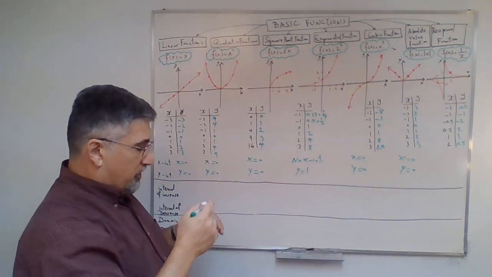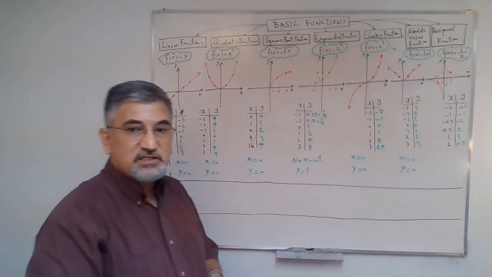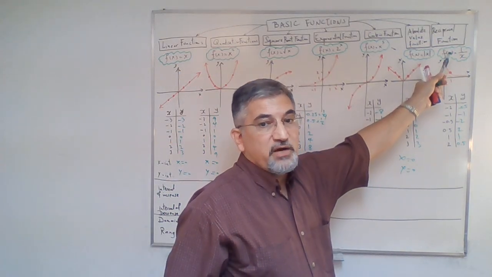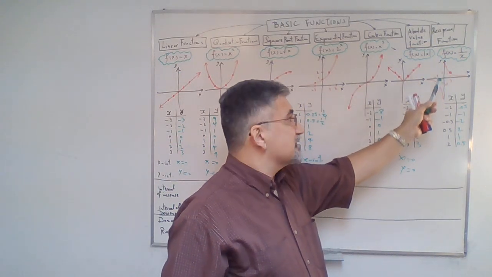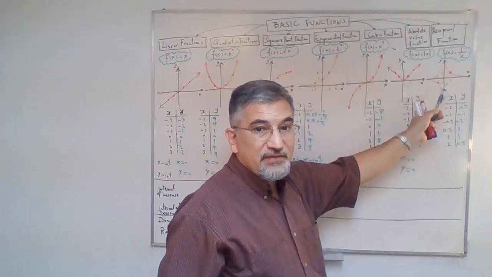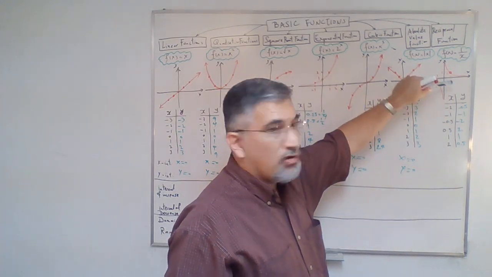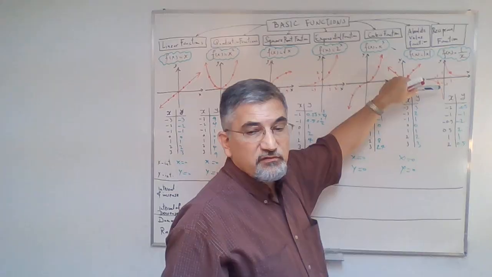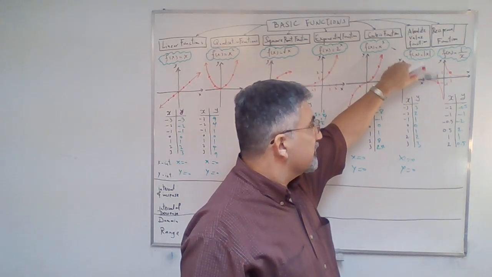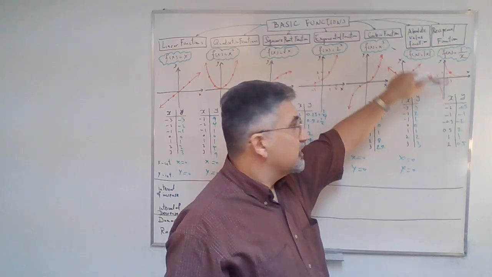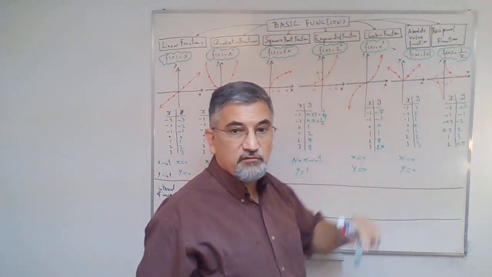Reciprocal function, well, 0 is an invalid input number for the reciprocal function. You cannot divide 1 or any number by 0. That means that x cannot equal 0. And that's the reason why we have this big gap or break in the heart of this graph of the reciprocal function. And the y-axis plays the role of vertical asymptote for this reciprocal function.